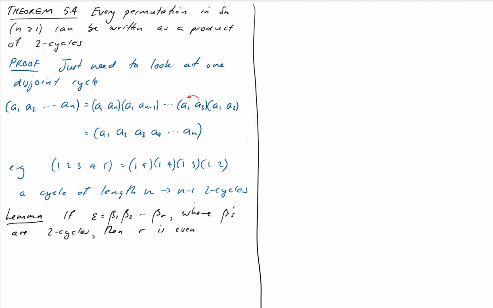Okay, so the lemma says that if I can write the identity as a product of r two cycles, then it must be true that r is even. Okay, so we need to prove this. We're going to attack this one by induction. So first off, r is not equal to 1, as a two cycle is not the identity.